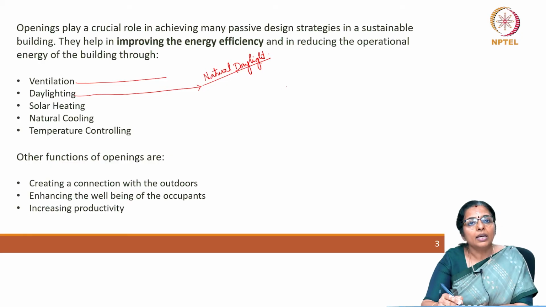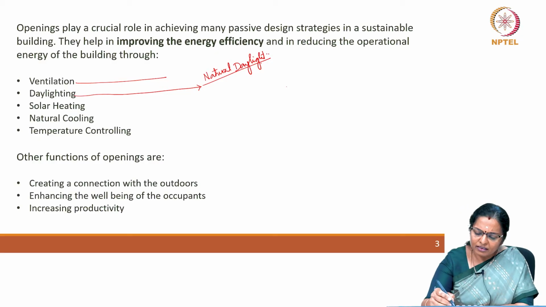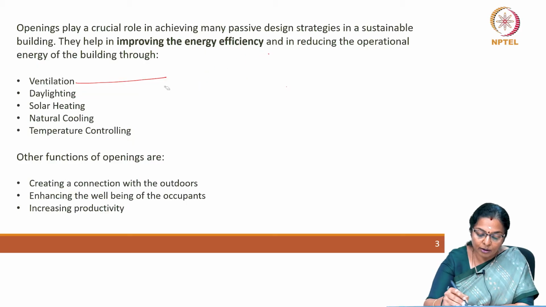By bringing in natural daylight, the operational energy is reduced because the use or reliance on artificial lighting system is reduced or completely can be avoided, and hence it is directly benefiting the operational energy use. And it's a vicious cycle. We have already seen that operational energy and greenhouse gas emissions, they are all directly related.